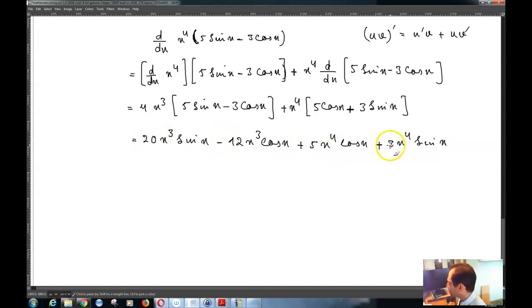And so you can take x cubed out. So you can write this as x cubed times 20 times sine x minus 12 times cos x plus 5 times x times cos x plus 3 times x times sine x.